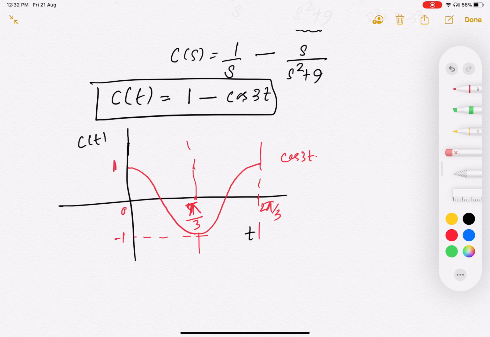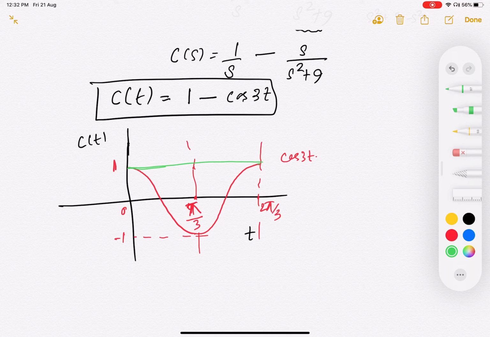Now, what is the forced response? The forced response is 1. So I can sketch 1. This is my forced response, right? Now this is the inverse of the natural response. I could have sketched minus cos 3t, which would have been easier, because then I would have to add the two. Now I have to subtract these two.